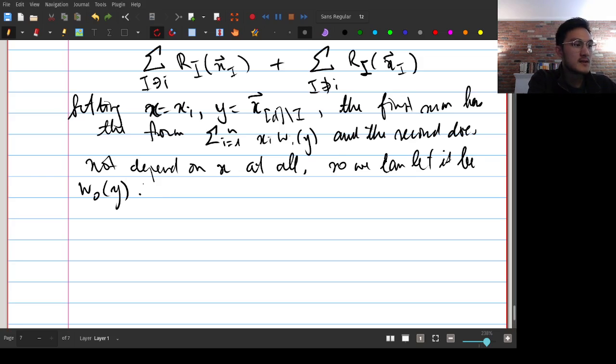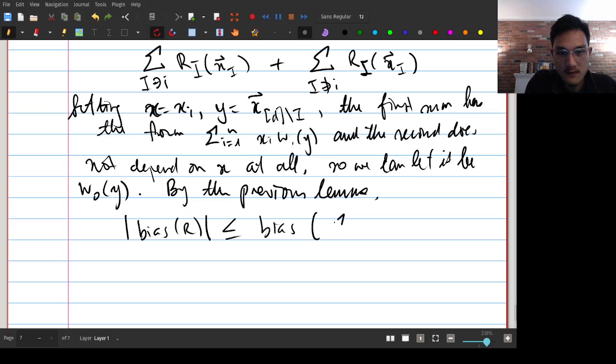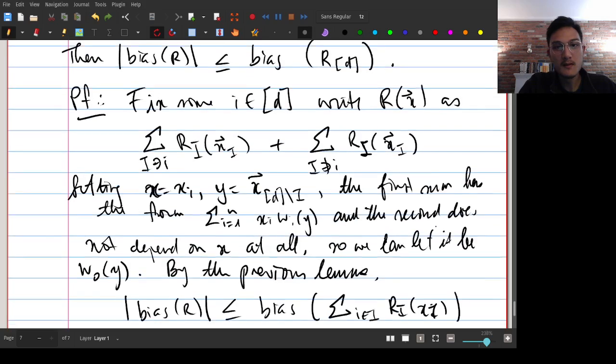Okay, and so now by the previous lemma, the bias of R is less than or equal to the bias of this sum over I containing i of R_I of x_I.